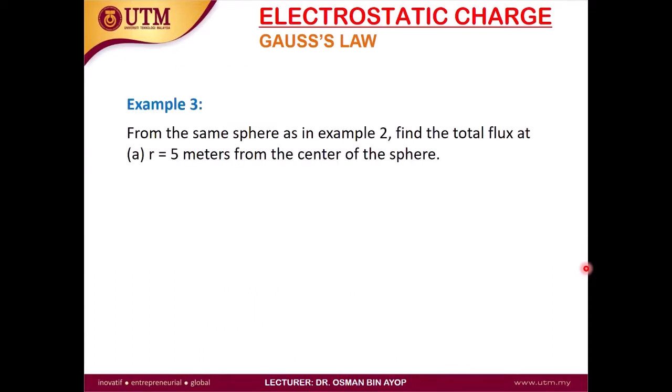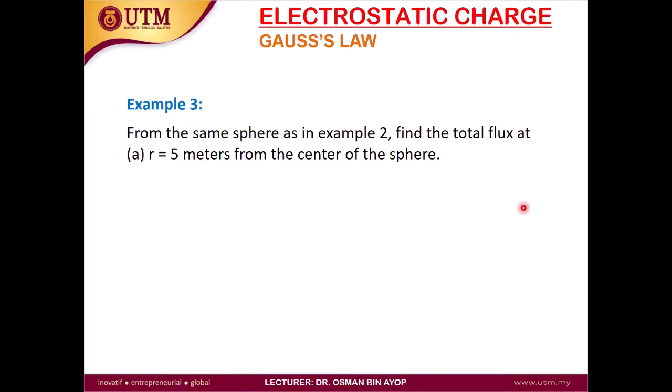Next, we see example 3. From the same sphere as in example 2, find the total flux at A, r equal to 5 meter from the center of the sphere. So remember our situation. You have a charge located on the surface of the sphere and the radius of the sphere is 10 meters.